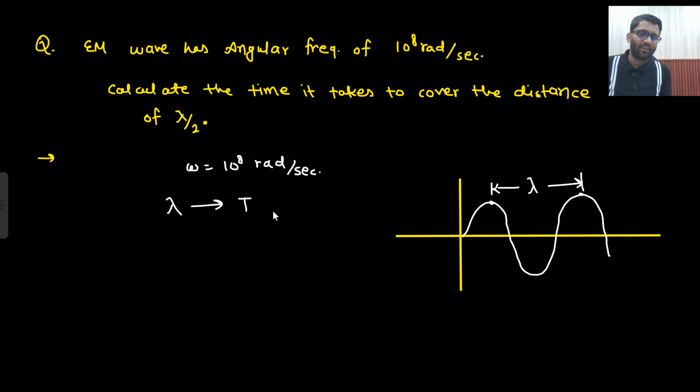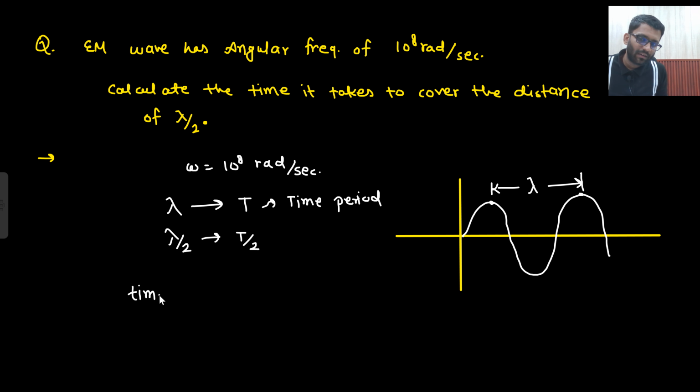Equal to one time period, where T is the time period, right? Is that clear to you? If you need to cover the distance of lambda by 2, how much time will you take? T by 2, right? So the time required will be T by 2.